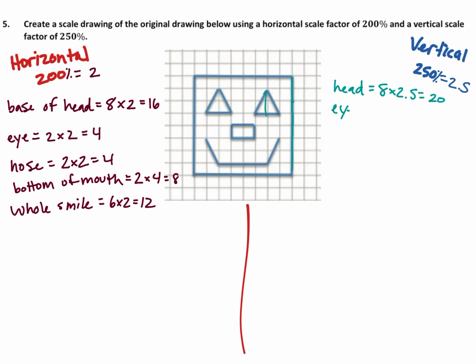His eye, the height of his eye is 2, so now it will be 5. The height of his nose was 1, so now it will be 2.5. And the height of his smile was 2, so now the height of his smile will be 5.